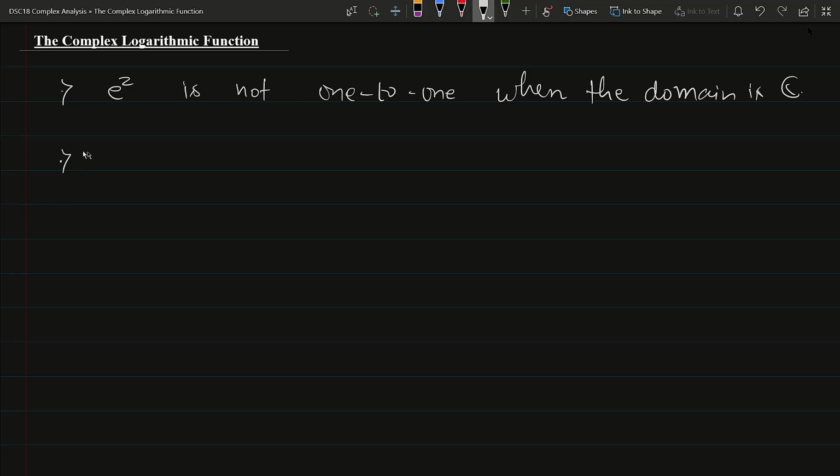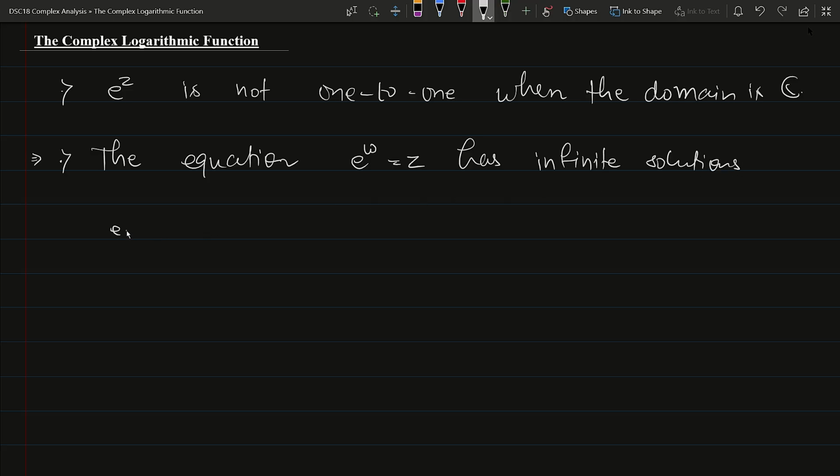उनमें से एक क्या है that, you can say this is implying that e to the power z is not 1 1. उसका ही एक consequence हमें क्या मिलता है that the equation e to the power w is equal to z has infinitely many solutions.